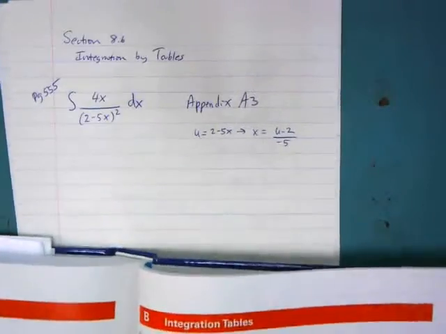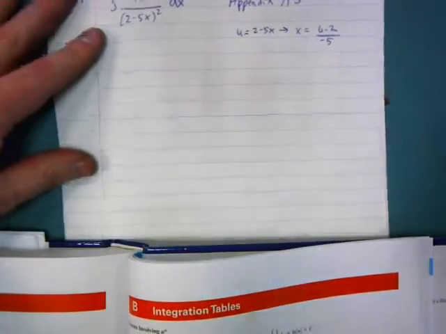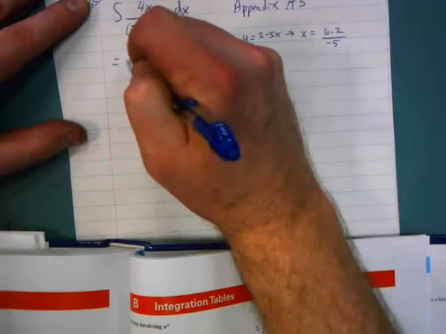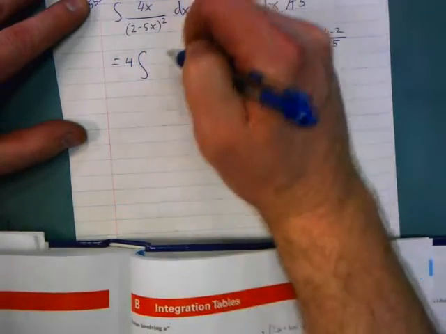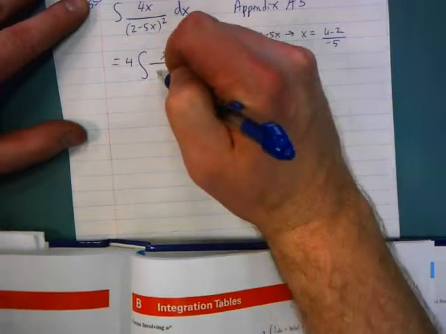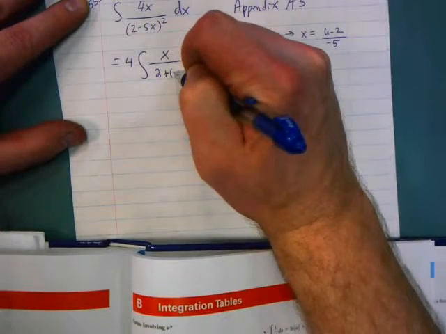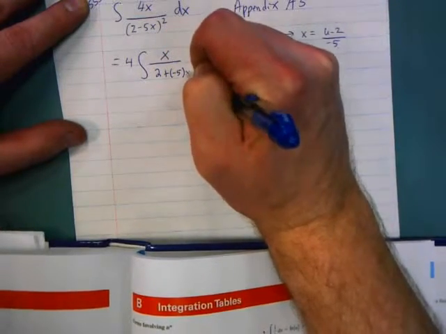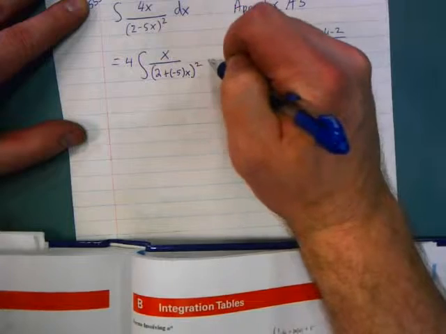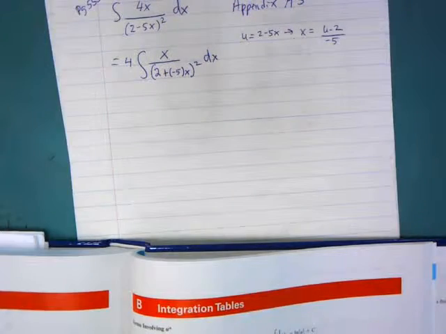So I think we could write this as 4 times the integral of x over 2 plus negative 5x squared. Having a minus there really isn't a big problem.